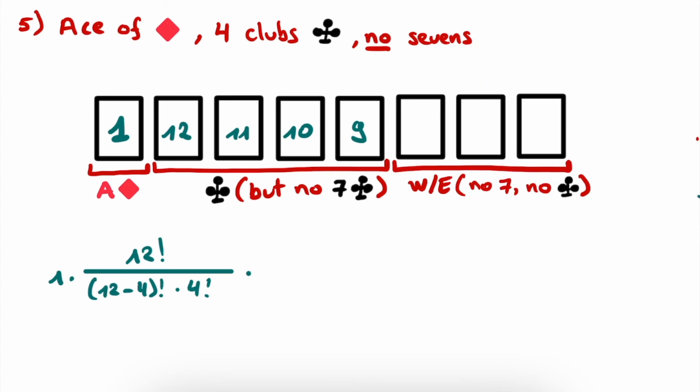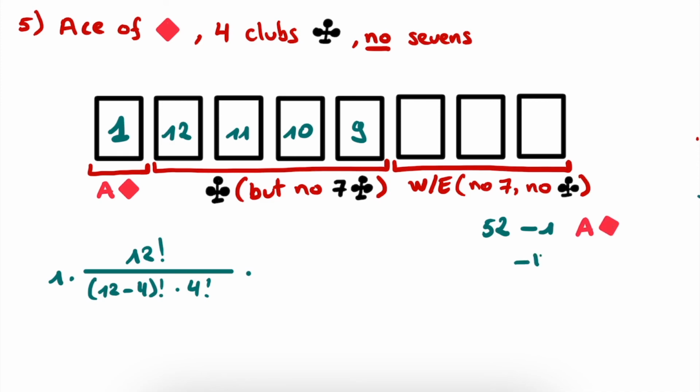The 3 cards that can be whatever, however, there should be not a 7 and not a club. So how many choices do we have for this first card? Well, let's start again with 52 choices because we have a deck of 52 cards. We subtract 1 because we cannot choose the ace of diamonds anymore.